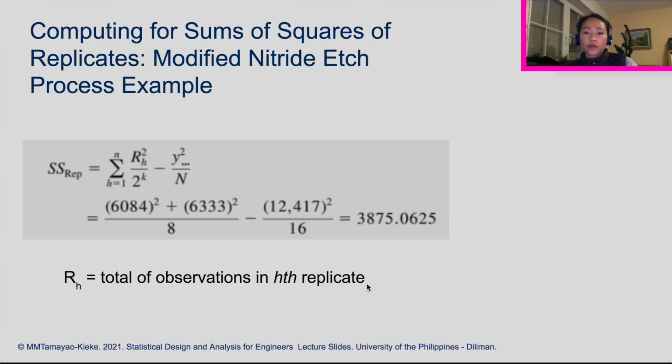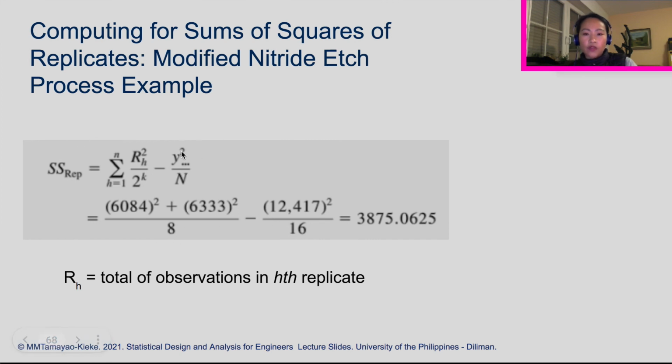So for example, for the first replicate, the total of observations is 6,084, squared, plus the second replicate, the total observations is 6,333, and then we square that. We divide that by 2 to the k, where k is equal to 3, so 2 to the 3, which is equal to 8.